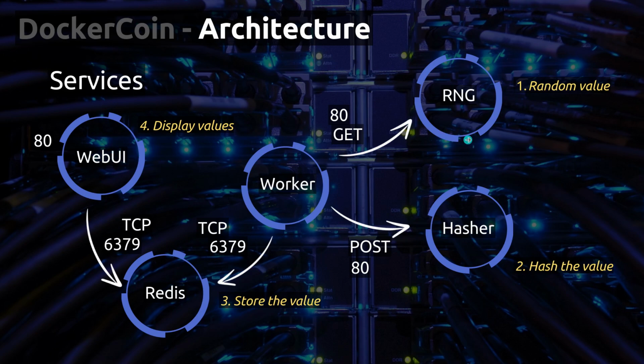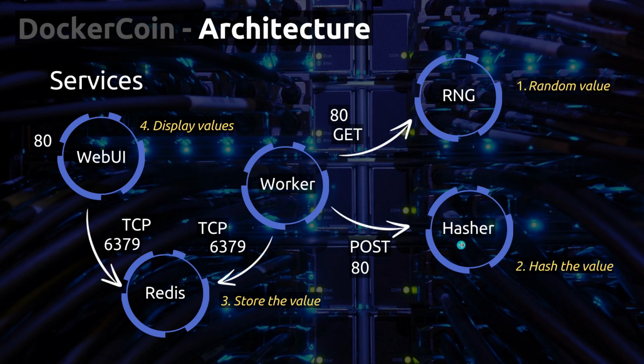If we take things in order, the first thing is we use a random number generator, RNG, and this is the first step. It generates a random value, and after that you have the hash value.